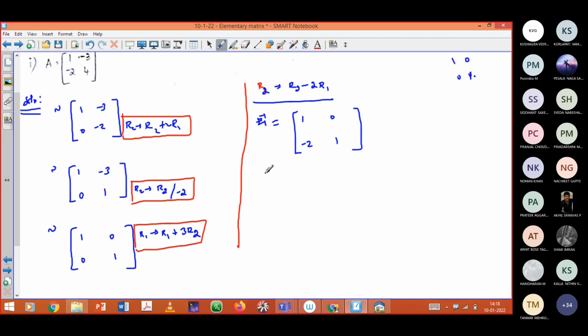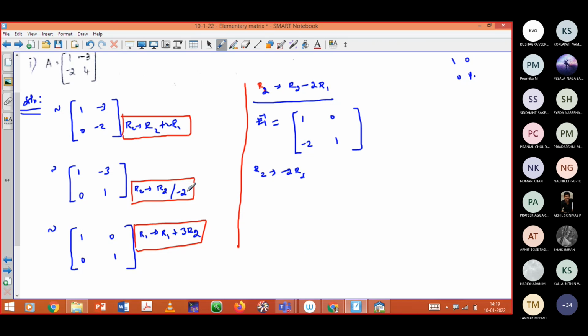Fine. Next, the second rule, to derive E2 dash, is R2 gives R2 divided by minus 2. The question will come: sir, here you are dividing R2 by minus 2. When you write it in the way R2 gives minus 2 into R2, that means if there is a multiplication on the left hand side, you have to use division on the right hand side.